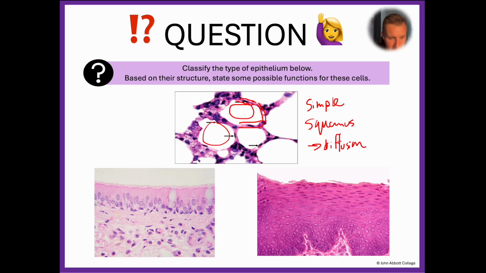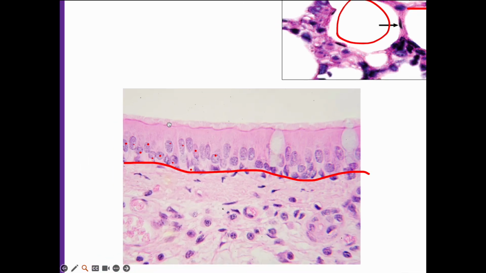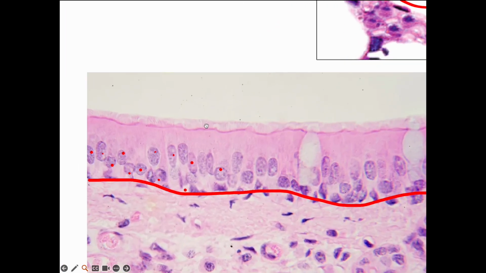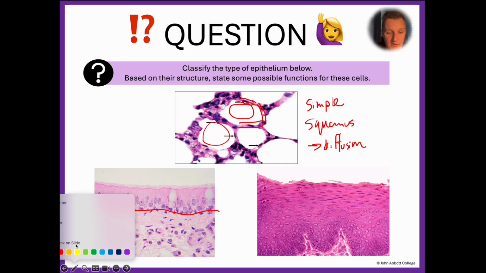Over here, you see a layer of epithelium. You see a basement membrane here. You see that nuclei are at different heights. Do you see how they're at different heights here? That's giving me a pseudostratified, a wannabe stratified. And when we talked about pseudostratified, I gave you two other hints to look for. Do you see the little hairs on top? Those are cilia, little brushes on the top of the cells.